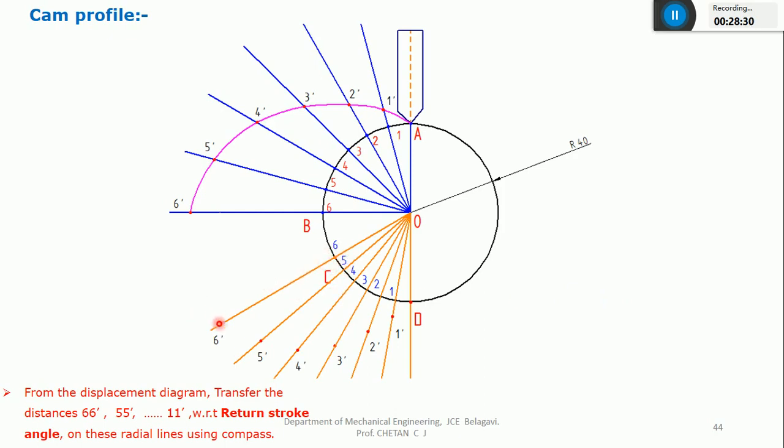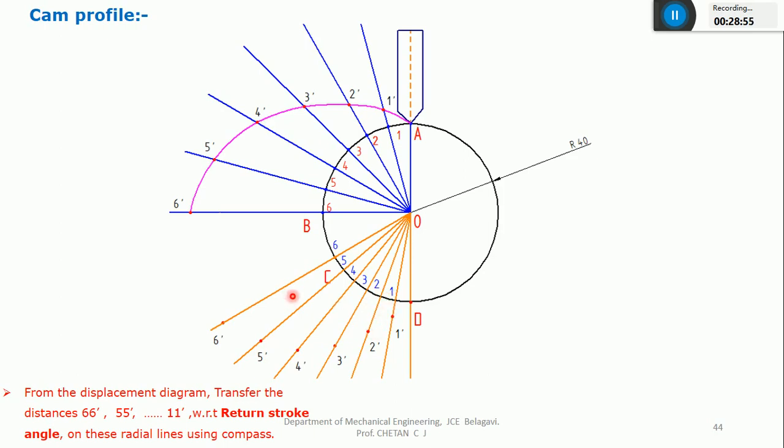I'll draw an arc with respect to this radial line. Similarly, I'll take point 5 as a reference point. I'll copy the distance from the displacement diagram with respect to 5 dash. I'll draw one more arc. So that arc will intersect these radial lines at point 5 dash. Similarly, 4 to 4 dash, 3 to 3 dash, 2 to 2 dash, 1 to 1 dash.